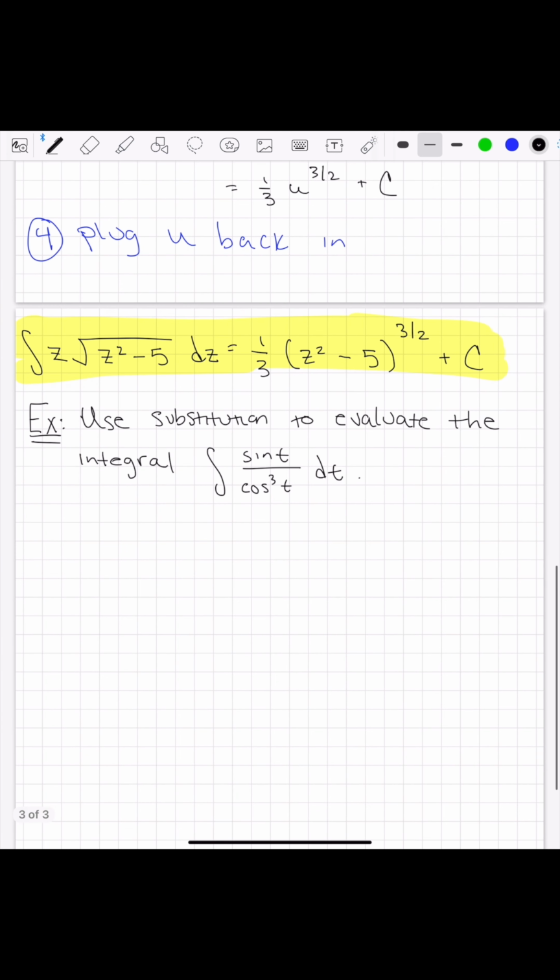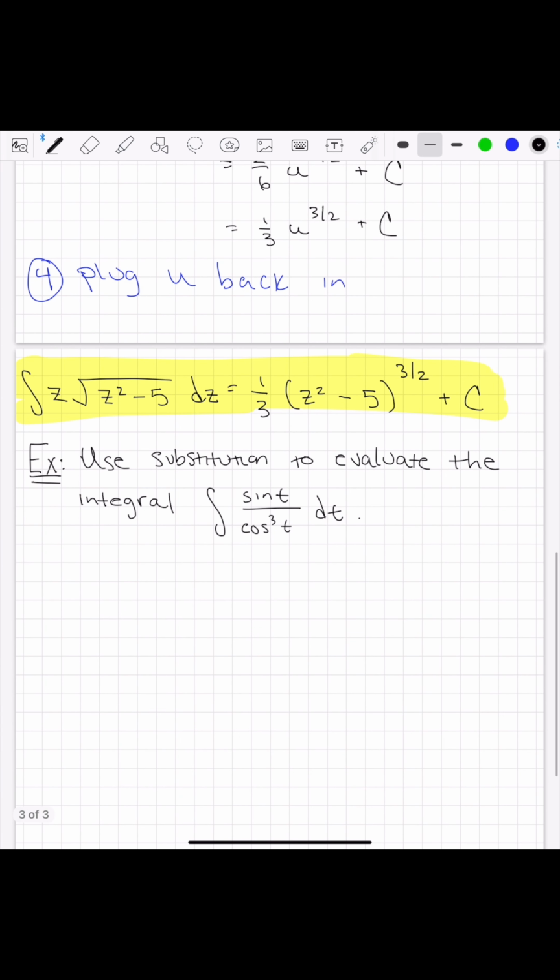Right, so I think sometimes it helps to rewrite things in a simpler form. So realize that this is sine of t over cosine t cubed.